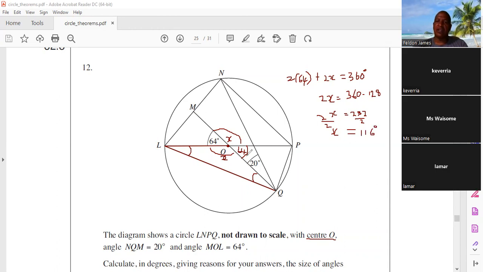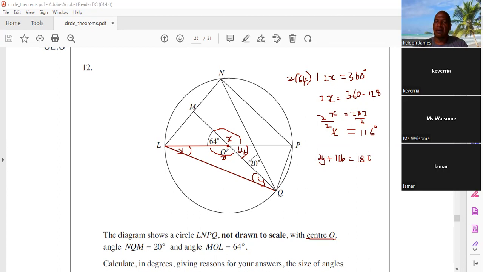All right, so if x is 116, you know that these two angles, say y, are equal because this is an isosceles triangle. So when you add up all of these in this triangle, you must get what? 180. Yes, sir. So you can say that y plus y plus 116 gives you 180. So 2y plus 116 equal to 180.